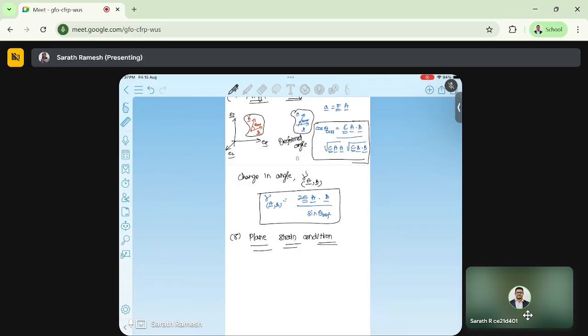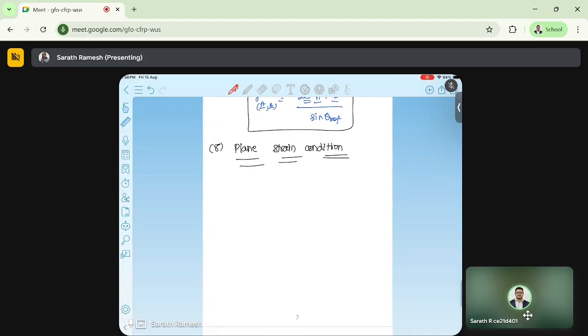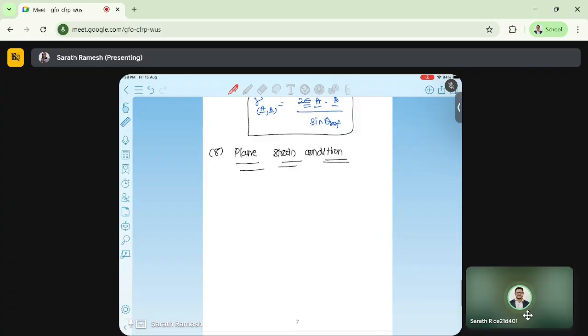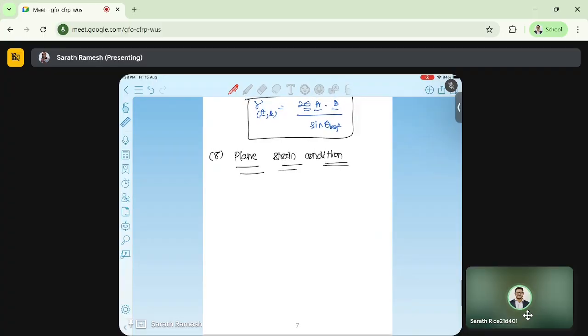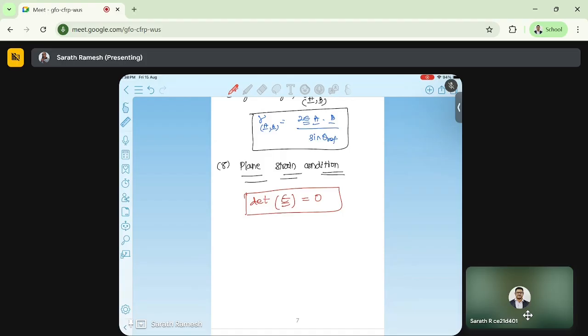So what we want to know is how to check whether the condition is plane strain or not. Of course, if we are given a strain tensor, we can identify, but in general, the determinant of epsilon will be equal to 0 in case of plane strain condition. So all these concepts we will now use to solve the problems.